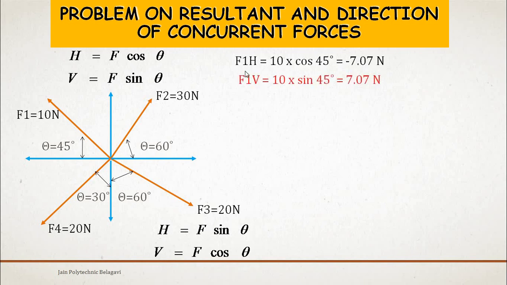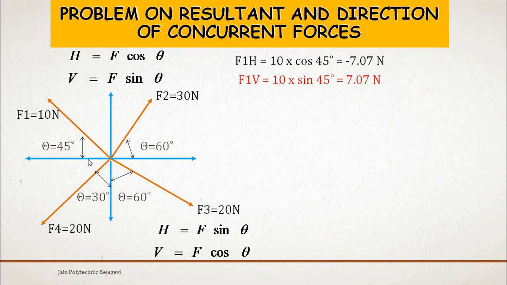Coming to next, F1H, force 1 horizontal, will have a horizontal component of 10 into cos 45. Why? Because we know the formula for horizontal component is F cos theta. 10 is the force, and cos 45 is the angle at which it is acting. So we got minus 7.07. Why minus?